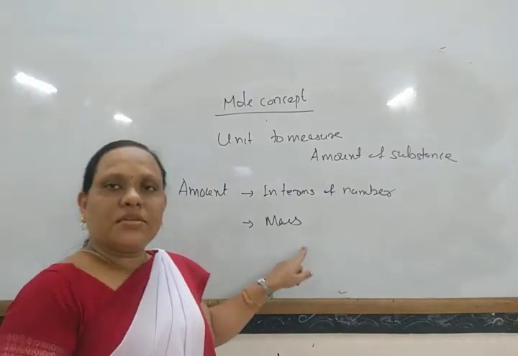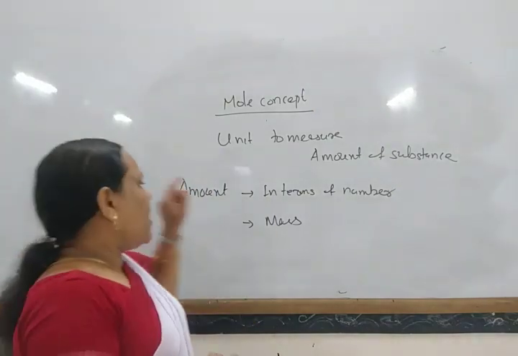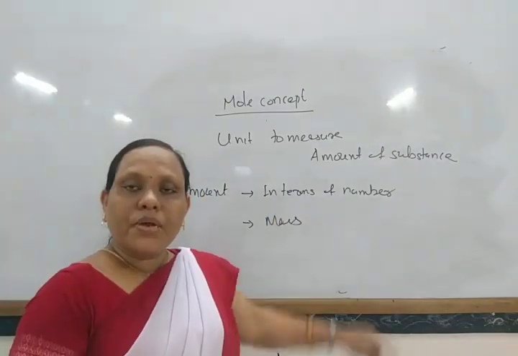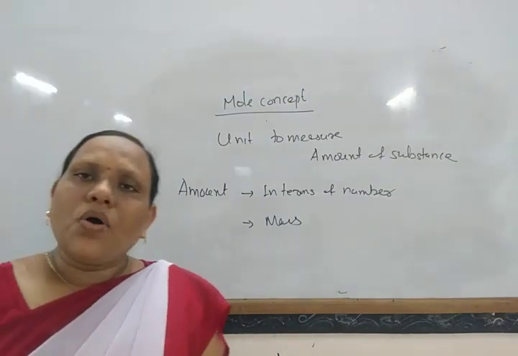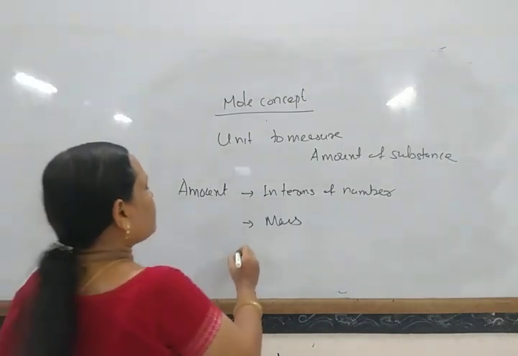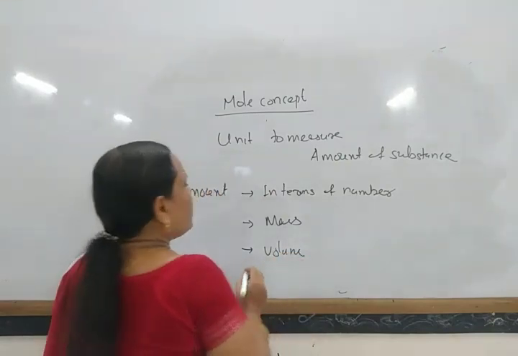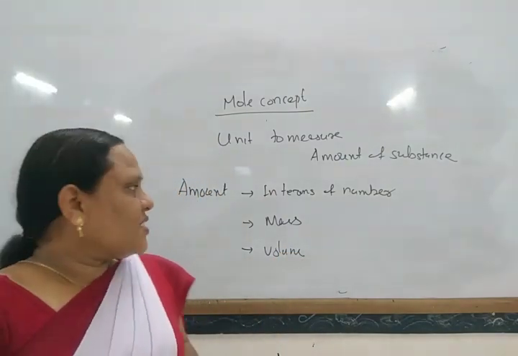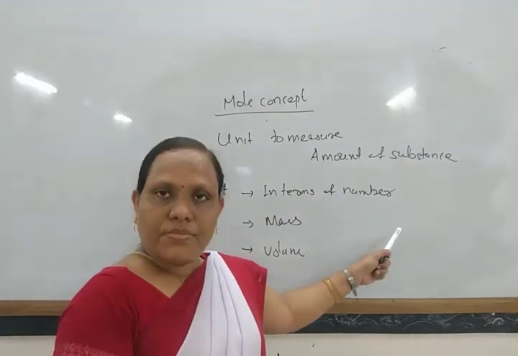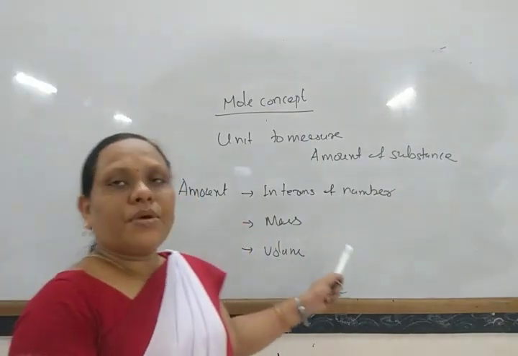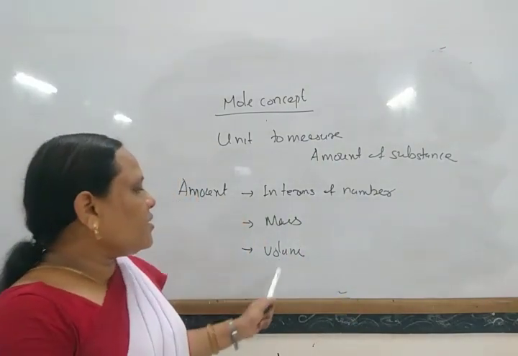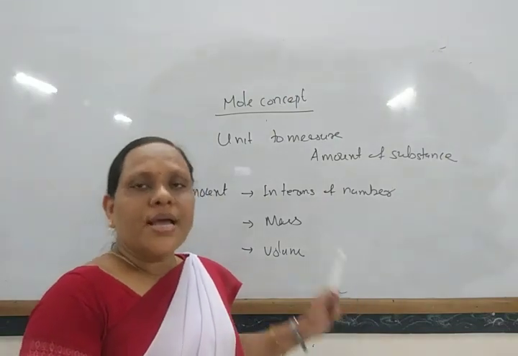Amount is expressed in terms of mass or weight, in terms of number, and also in terms of volume. So this amount is generally expressed either in terms of number, mass, or volume.